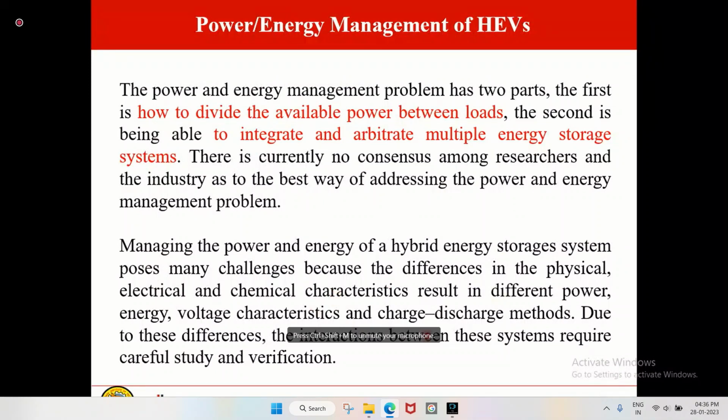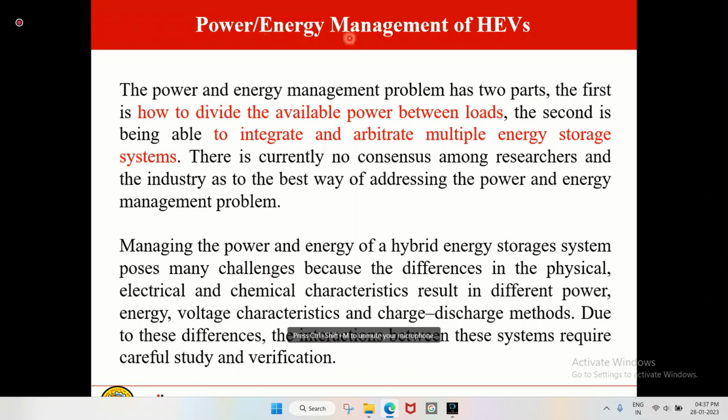So there lies a difference, and that's why this issue becomes very challenging. It results in different power, energy, voltage characteristics, and charge and discharge methods. Due to these differences, the interaction between these systems requires careful study and verification.